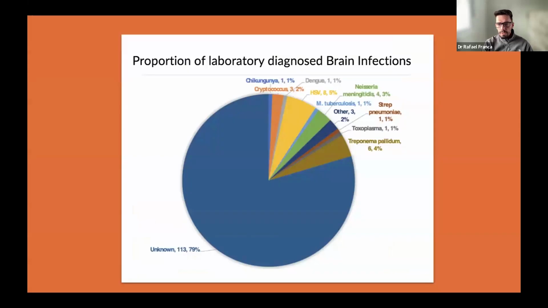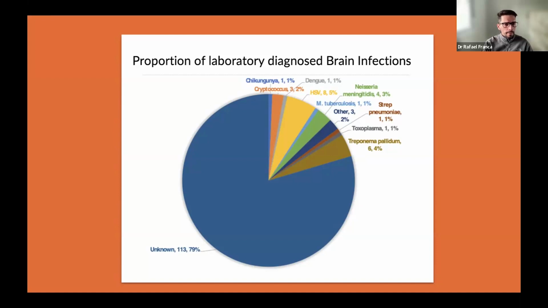Next slide, please. This graph shows that a large proportion of the brain infections in Brazil, especially from these 2 hospitals, were not known. We can see there are dengue cases, chikungunya, and HSV, with a large proportion of cases being diagnosed as HSV.